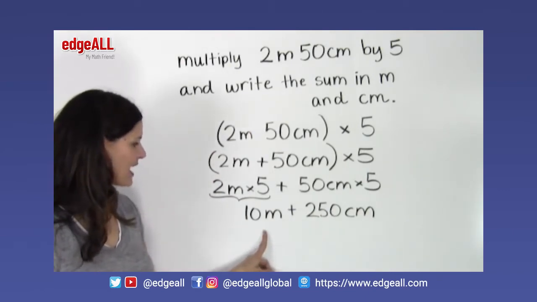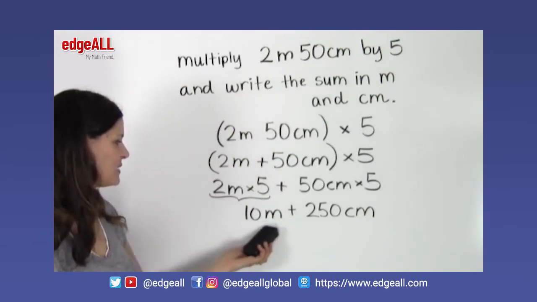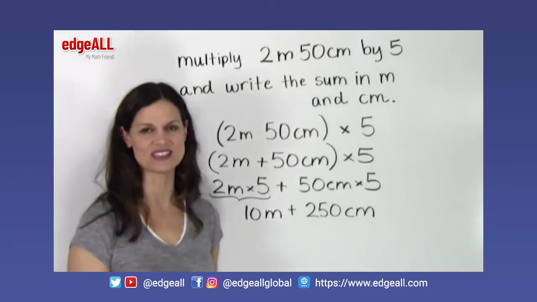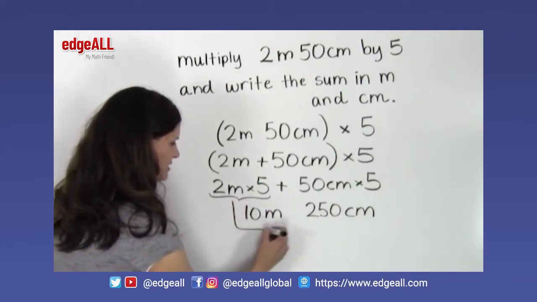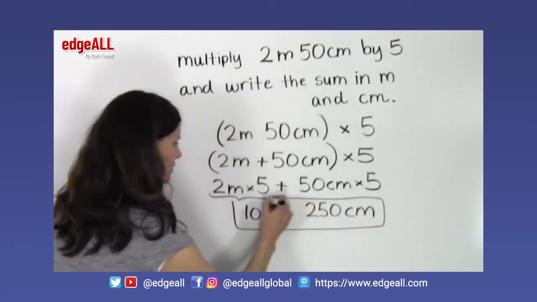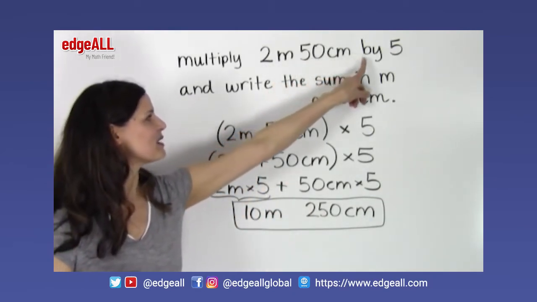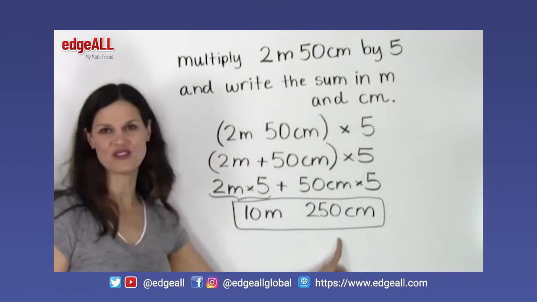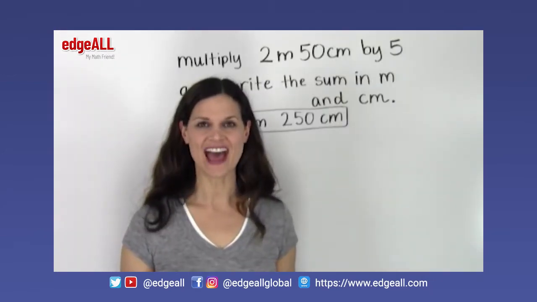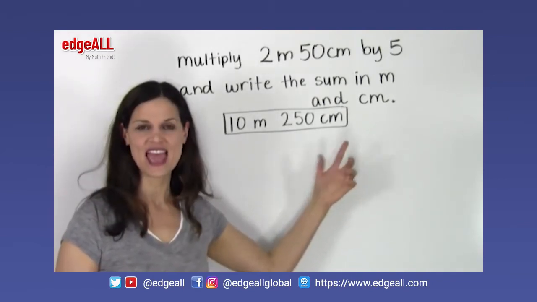I can take this little plus out of here because it means the same thing. 10 meters plus 250 centimeters is the same thing as 10 meters, 250 centimeters. So for now, I'm going to report my answer to 2 meters 50 centimeters multiplied by 5 as 10 meters 250 centimeters.